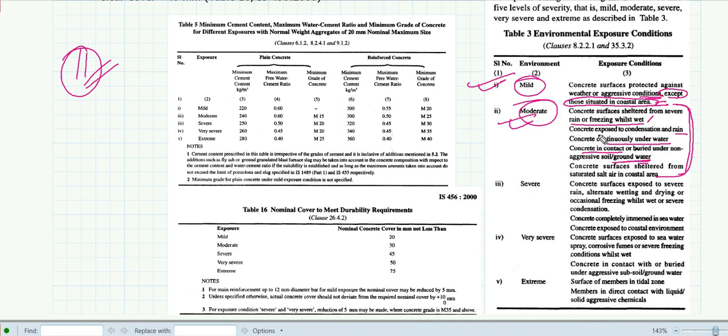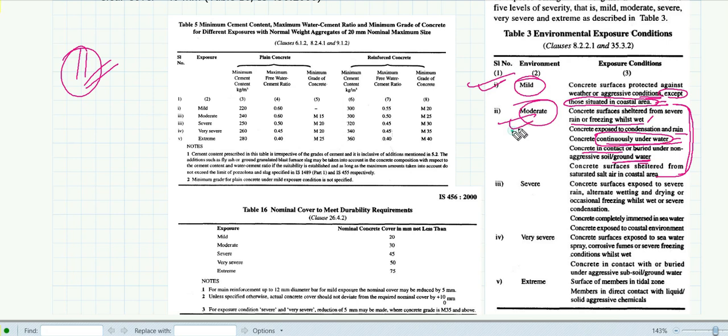Suppose it's written continuously under water. Suppose you are making a bridge pier or a well foundation in a river. In that case, the river is a freshwater supply, so there is no need for considering the coastal or seawater condition.